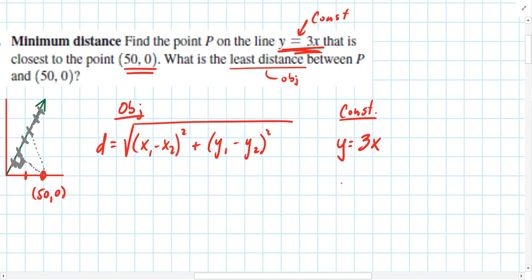We're also told that one of our x coordinates in this formula has to be 50, and the y coordinate that's associated with that has to be equal to, whoops, I got those backwards. The x coordinate is 50 and the y coordinate is 0. And so if we say that x1 and y1 are 50 and 0, then I might come back here and say that y2 is the same as 3 times x2.